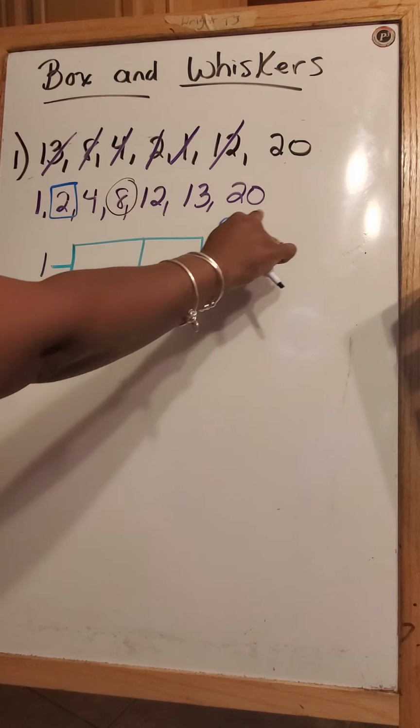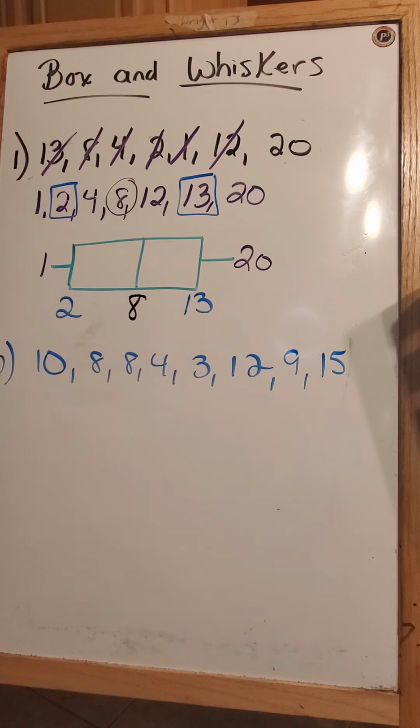So what if we had an even number? Let's say 10, 8, 8, 4, 3, 12, 9, and 15. Okay? So, let's arrange these numbers in order.